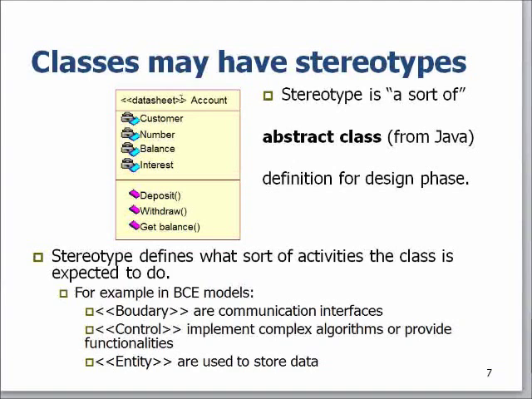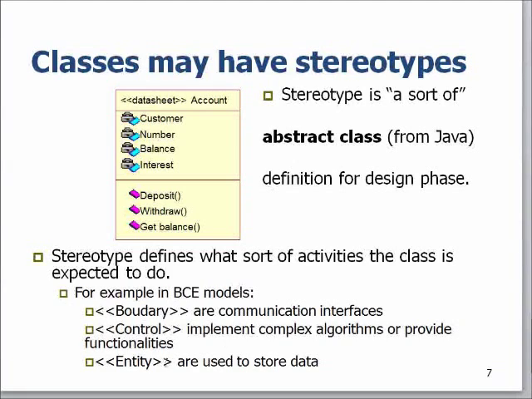Like here we are using a stereotype data sheet on this account class, meaning that the class defines one complete data set for something, or that it's a data sheet for account. We could also have a data sheet for person or a data sheet for car or anything like that. And it's expected to do some things like hold all the relevant information and allow printing functions and manipulation functions for that particular data.